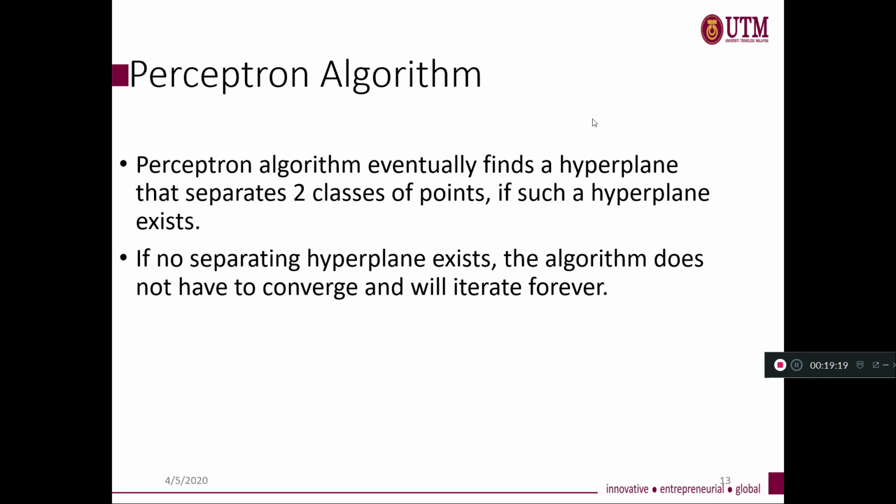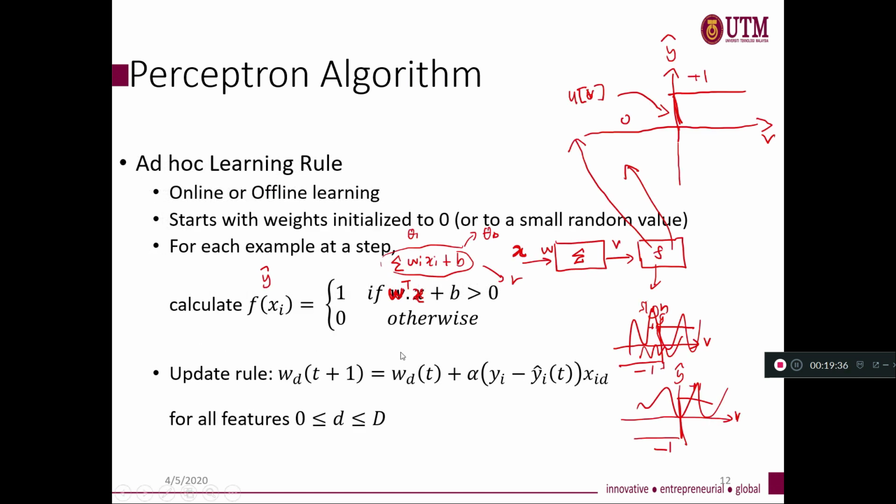If a hyperplane exists, fine. But the disadvantage of the perceptron algorithm is that if no separating hyperplane exists, the algorithm does not converge and will iterate forever. This means there is no stopping criteria. At that time people didn't think about stopping criteria.